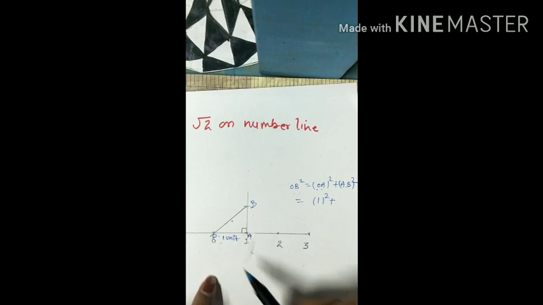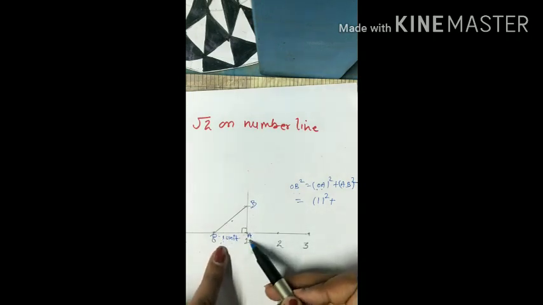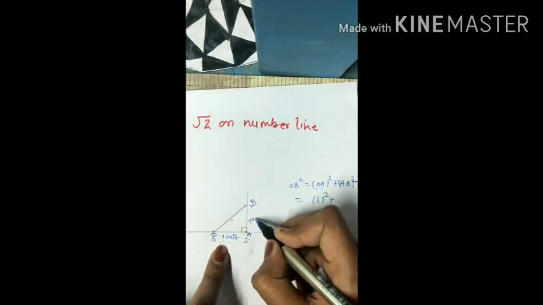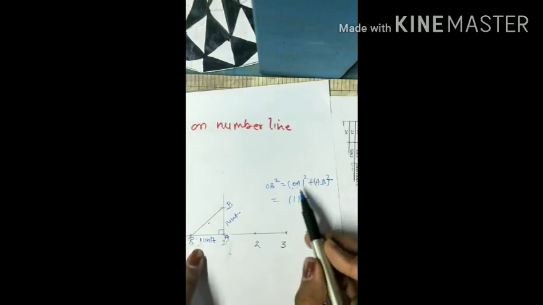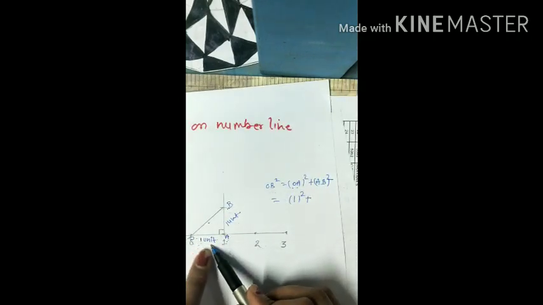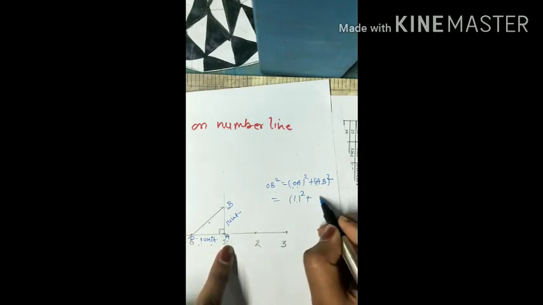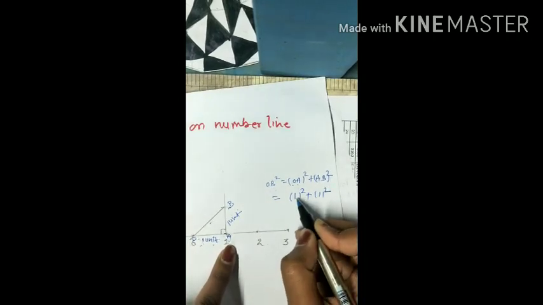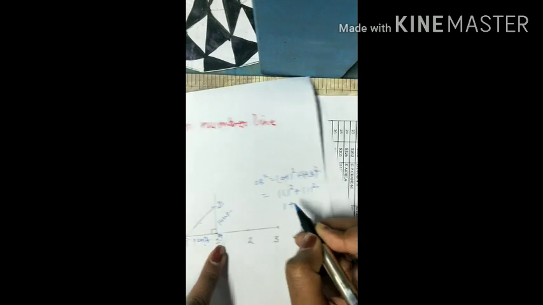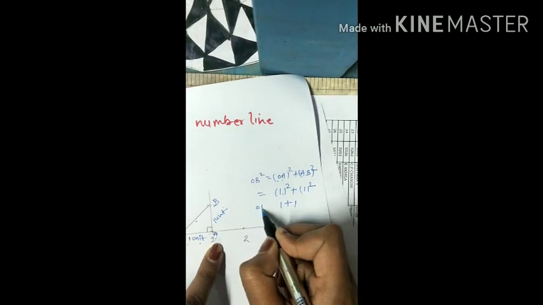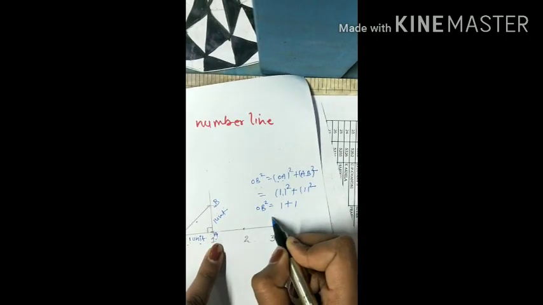Other two sides, you know OA is equal to AB. So AB is also 1 unit. So I will write OB square is equal to 1 square plus 1 square. So 1 square is 1, again 1 square is 1, OB square is equal to 2.